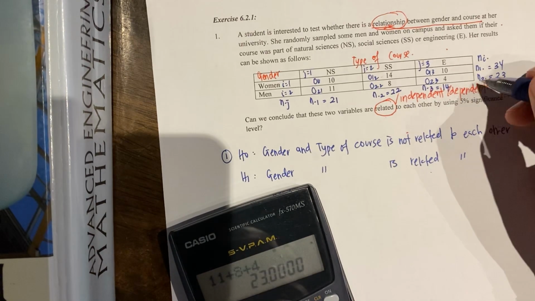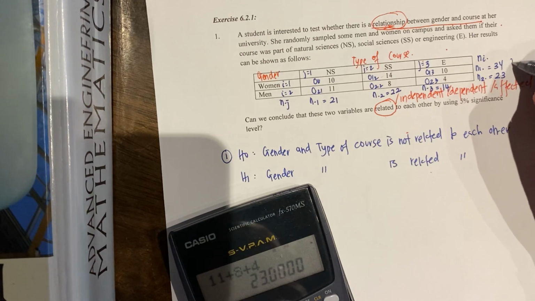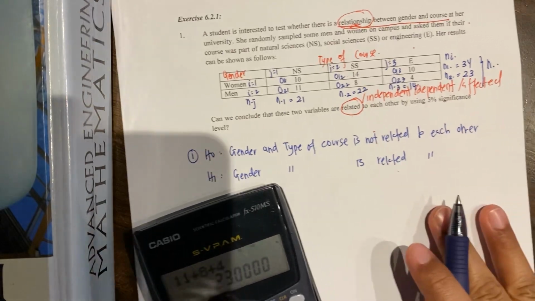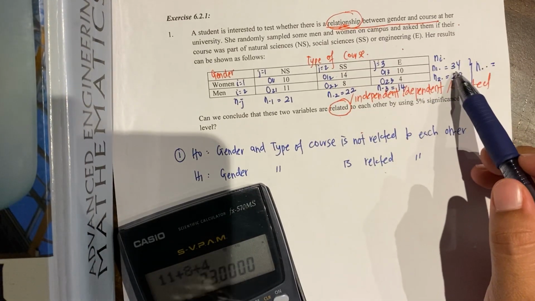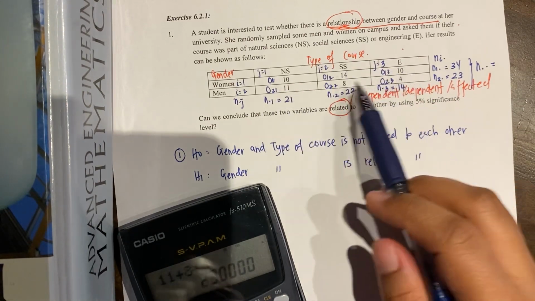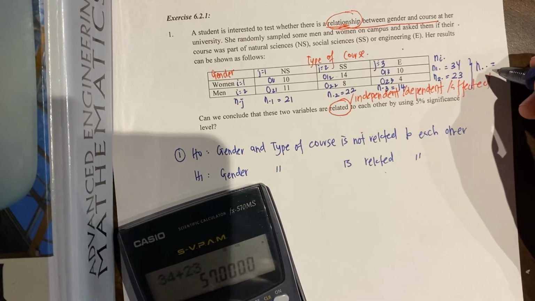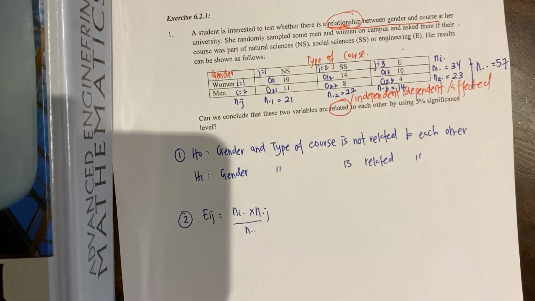Then for the summation, I'll just write n dot dot. N dot dot is the summation of n i dot, or the summation of n dot j, similar. So we have 57. We use that for the E.